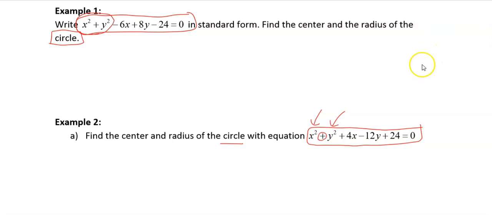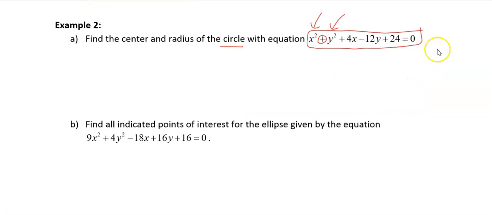So I'm going to come down here and look at example number 2. I'll leave example number 1 for you to try. We're going to take this circle, and it is a circle, and change it into the other form, the standard form, so that we can actually see what the center and the radius are. There's a problem with having equations in general form.